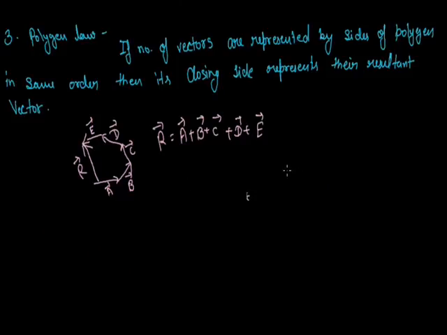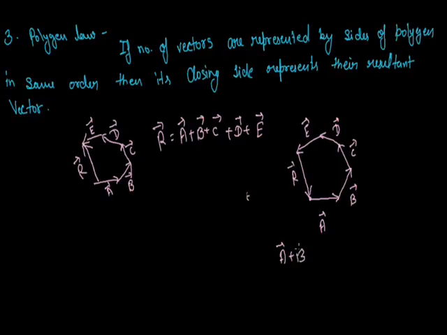If the resultant is in the same direction of all vectors like this, A vector, B vector, C vector, D vector, E vector and R vector, then A vector plus B vector plus C vector plus D vector plus E vector plus R vector equal to 0.